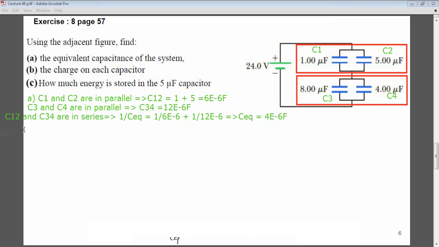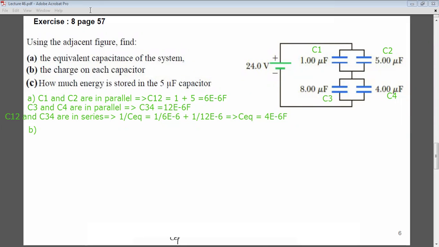Now find the charge on each capacitor. So let's remove this and this. Now, what do we have? We agreed that C12 and C34 are in series.